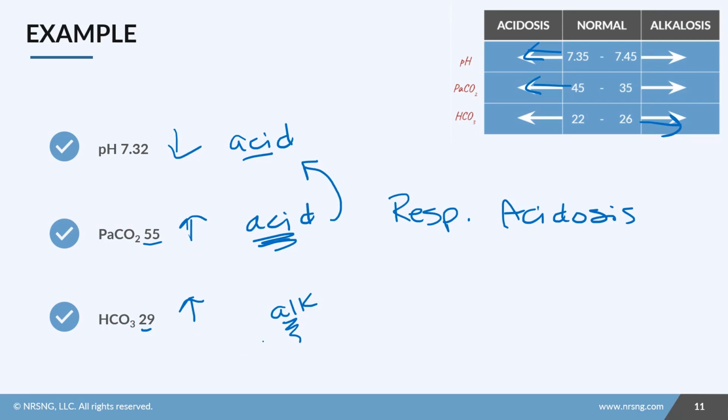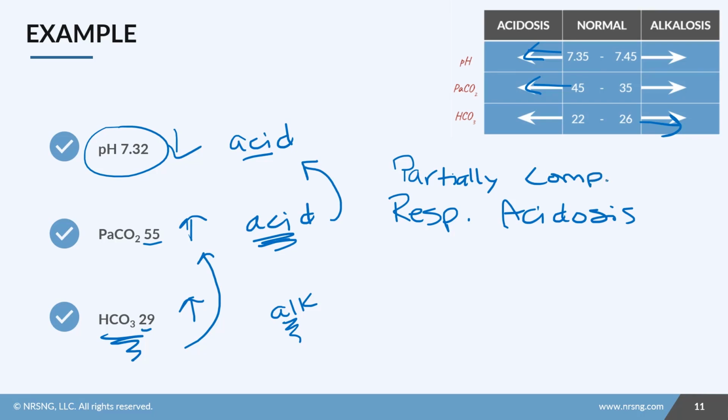So we know that this base, this bicarb, is trying to fix the problem. So the question now is whether it's partially or fully compensated. Well, our pH is still abnormal, right? So it hasn't quite fully compensated. So we would call this a partially compensated respiratory acidosis. Make sense? Okay, let's do one more.